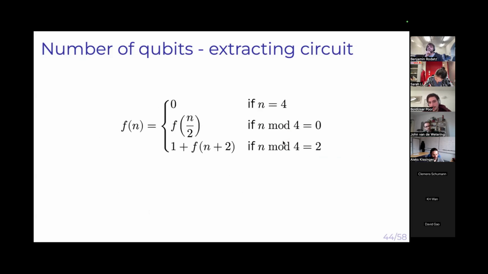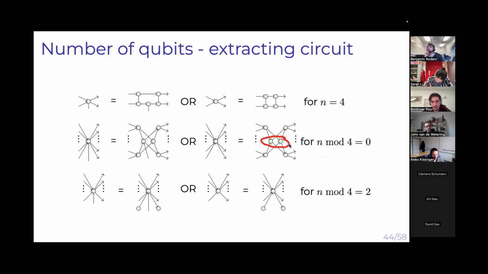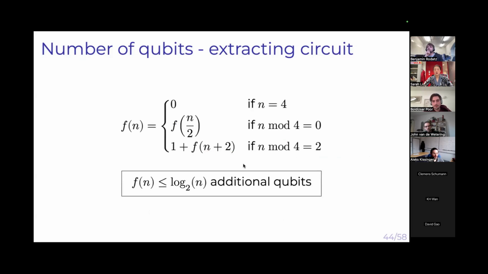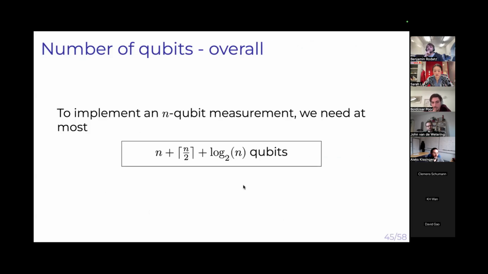And then if n mod 4 is 2, then you get these additional qubits. So this is just n plus 2. And this is at most log 2 n additional qubits. So all in all, we have n plus ceiling of n over 2 plus log 2 of n additional qubits to implement an n qubit Pauli measurement.